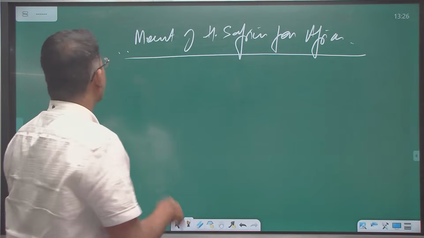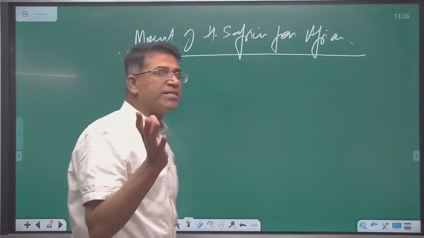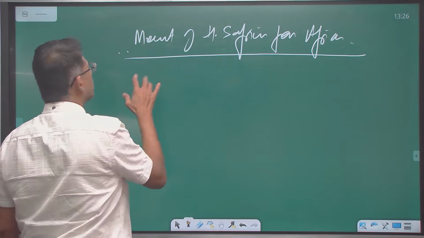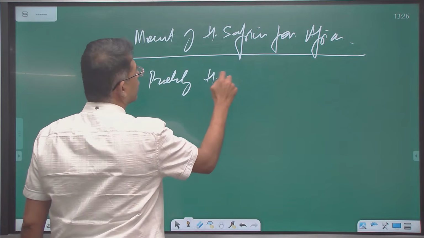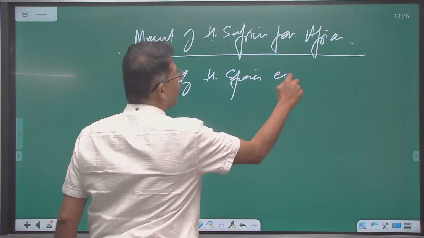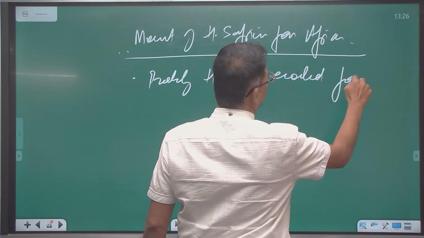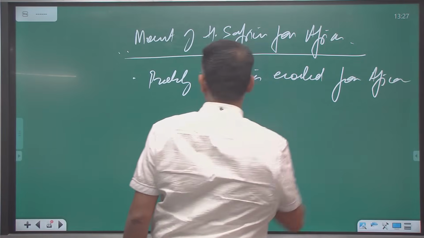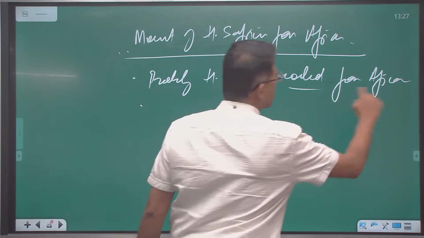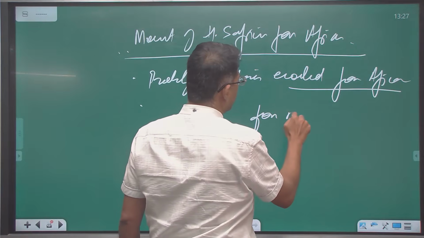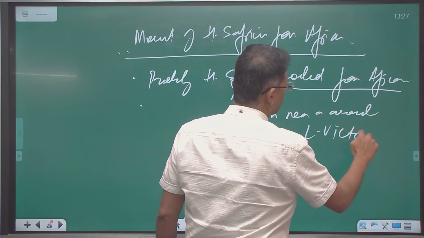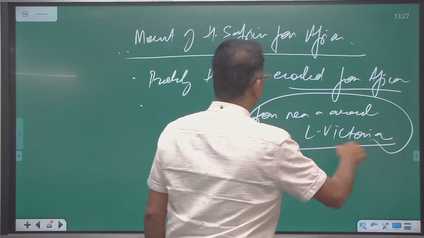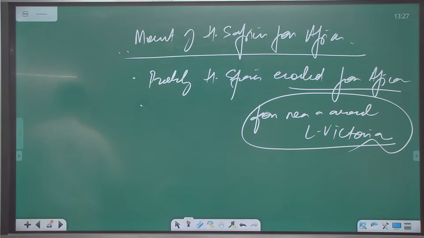There are doubts and debates, but the most agreed view is that probably the human species evolved from Africa. In all probability, where? From near and around Lake Victoria. Probably, in all probabilities, the human species evolved from Africa.